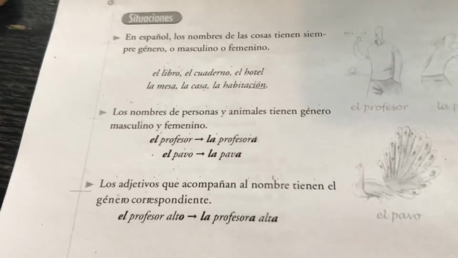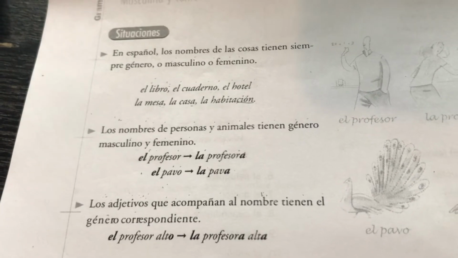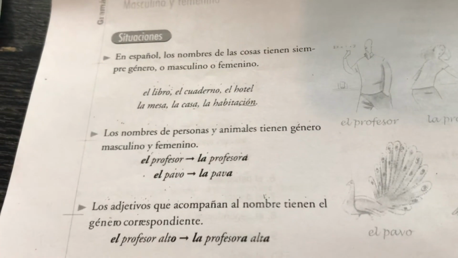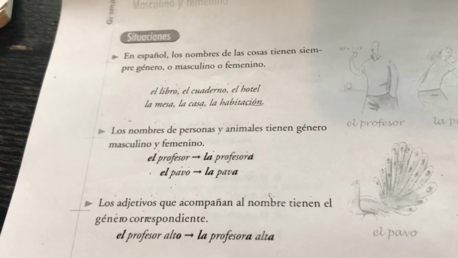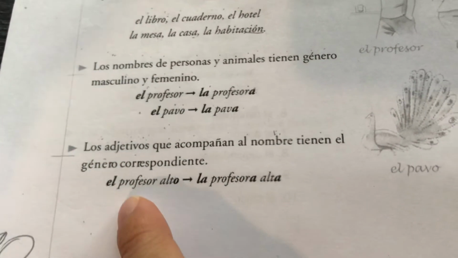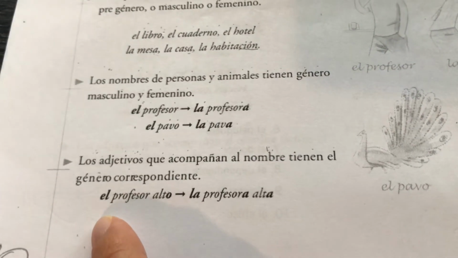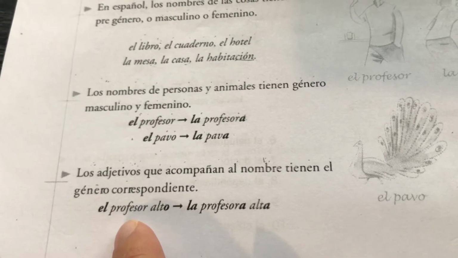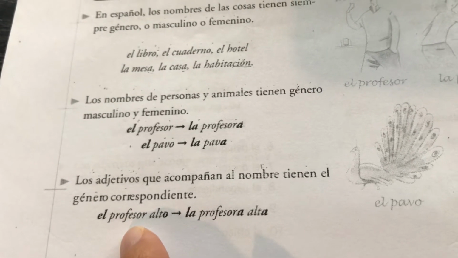So el profesor alto means the tall teacher. I want you to notice two things here. Number one, look at the text. What is the difference between this one and the English, the tall teacher?